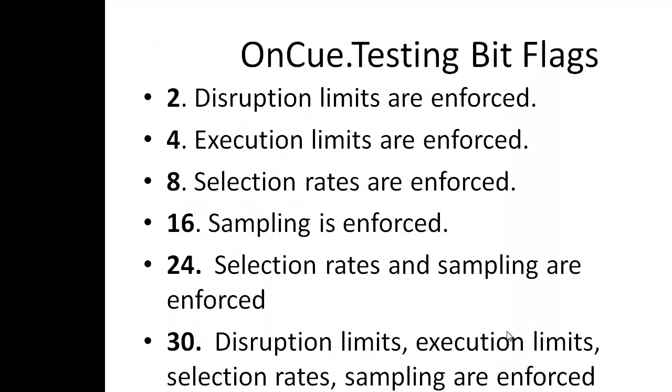For instance, a flag of 2 would turn on the disruption limits, 4 execution limits, 8 selection rates are enforced, 16 sampling, 24 selection rates and sampling, and 30 would turn on all of the rates. The flag of 1 essentially bypasses everything.